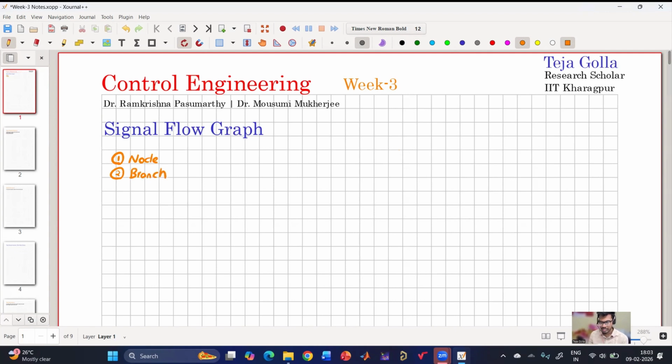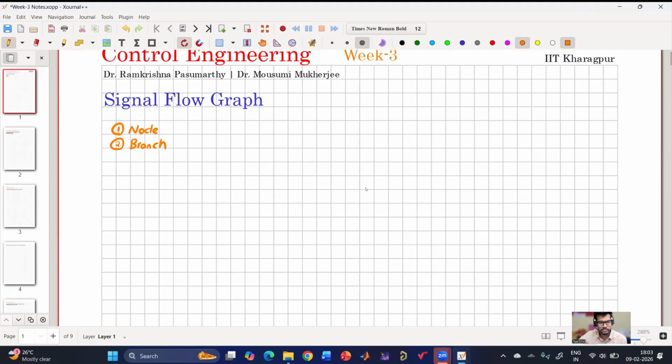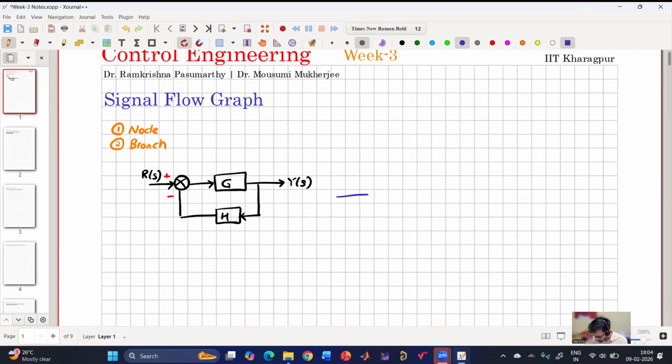Let us consider the famous unity feedback circuit that we discussed last week. I'll consider one very simple circuit. We have a summer, then a forward gain G, then the output Y of S, and then a feedback gain, say H, and then the input R of S. Taking plus and minus at the summer, say I want to do the block diagram reduction.